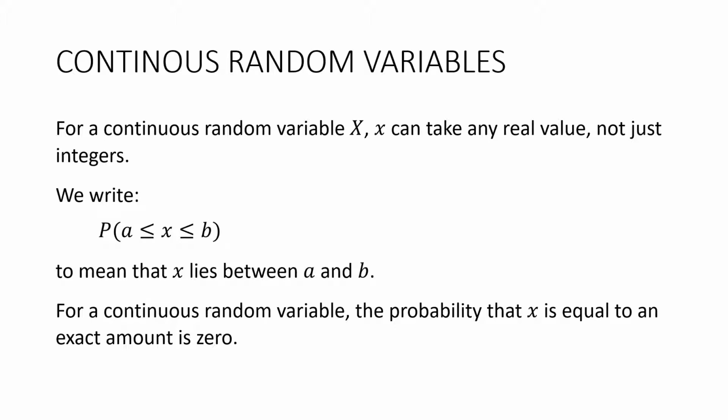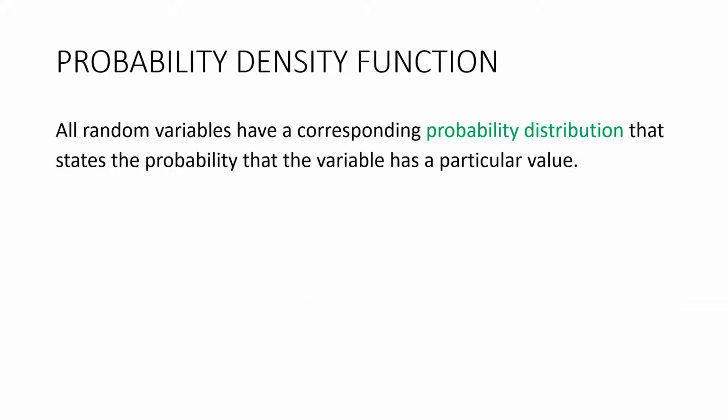So it's not exactly equal to 170.200000000 with all the zeros going off to infinity. And that means that the probability that x lies between A and B is actually the same as this. Okay? It doesn't matter whether there's an equal sign, and that's really different to the last topic that we did.